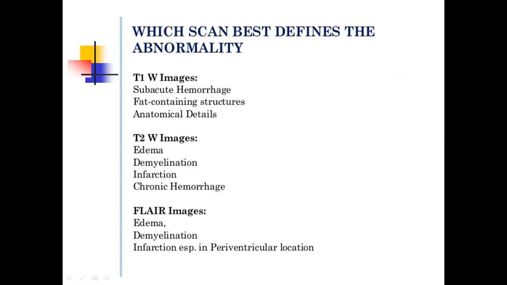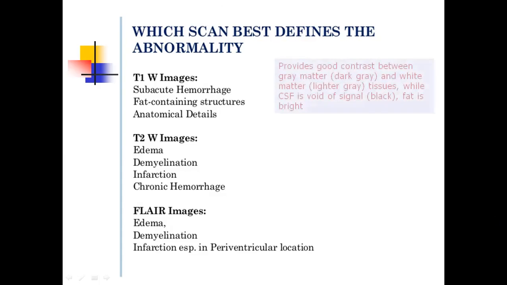T2 weighted images are better in evaluation of edema, demyelination, infarction, or chronic hemorrhage. And FLAIR are better for edema, demyelination, and infarction, especially in periventricular location. Why?